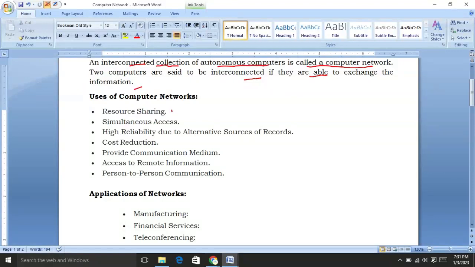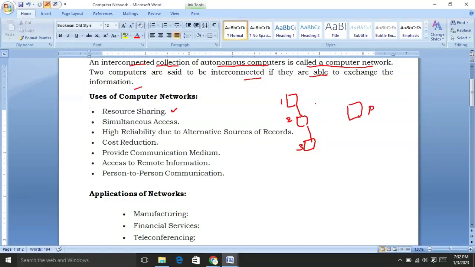Below, I am going to present the uses of computer networks. The first one is resource sharing. Resources may be logical resources or physical resources. First, suppose these are two or three systems which are interconnected, that means they are in a network. Suppose we have a printer.